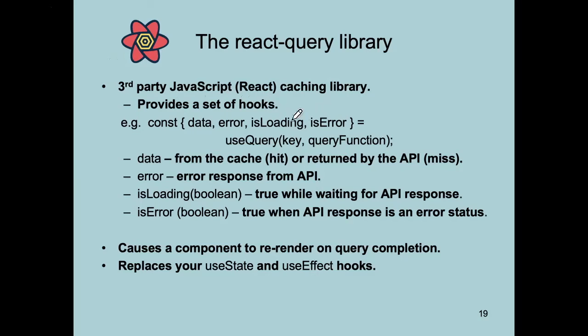And so here's the most common hook that you would use. There's a hook called the useQuery hook, and that hook takes two arguments. The first is the key that you are essentially asking the cache, does it have this key within its key value store? And if it doesn't, then obviously the caching technology, React Query in this case, doesn't know anything about your backend API.